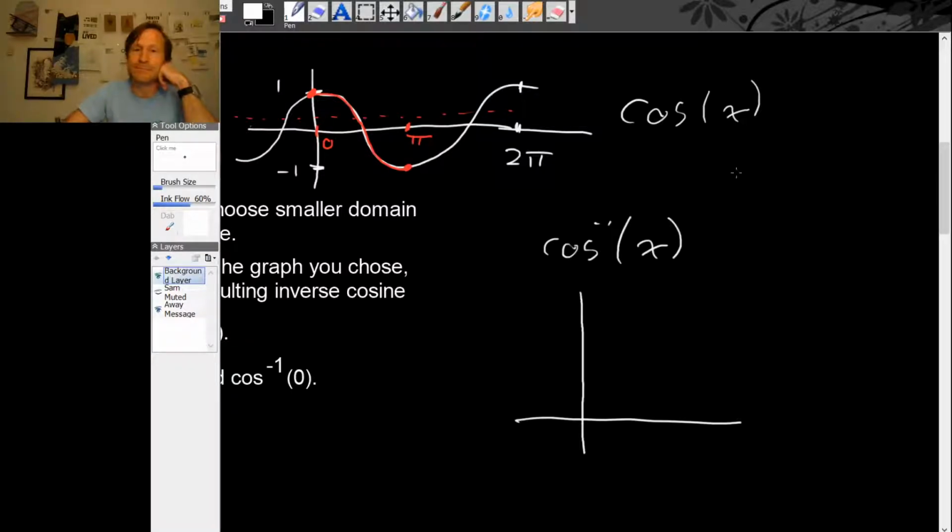Let's sketch the graph before we talk about domain. So let's take some points on the graph of cosine. This first point is (0, 1). Remember, we're going to reflect across the line y equals x, which interchanges coordinates on points. So (0, 1) gets reflected down to (1, 0).